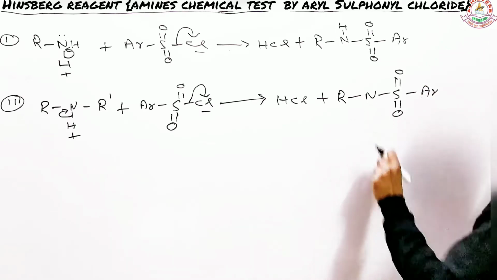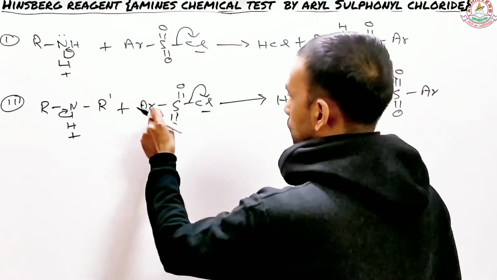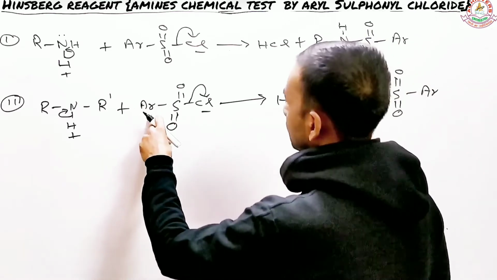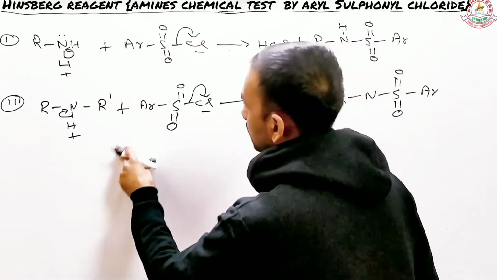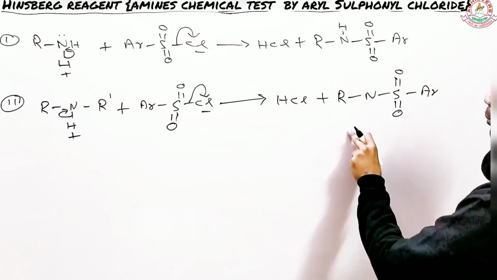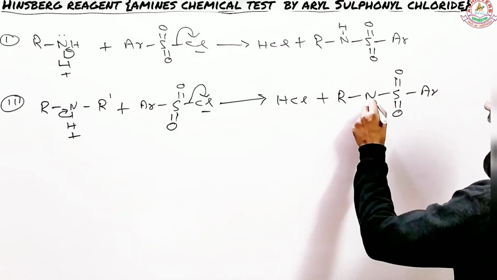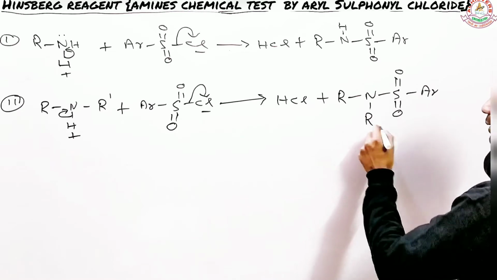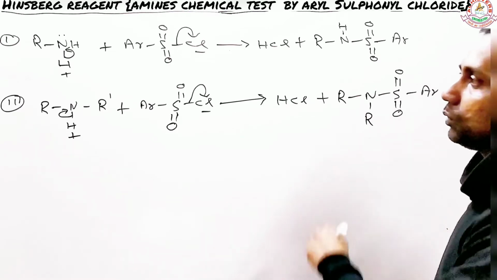Am I sure here? Let me check. You have Ar, chlorine is gone, hydrogen is gone. And there was an alkyl group here. So this is the product of the 2 degree amine.